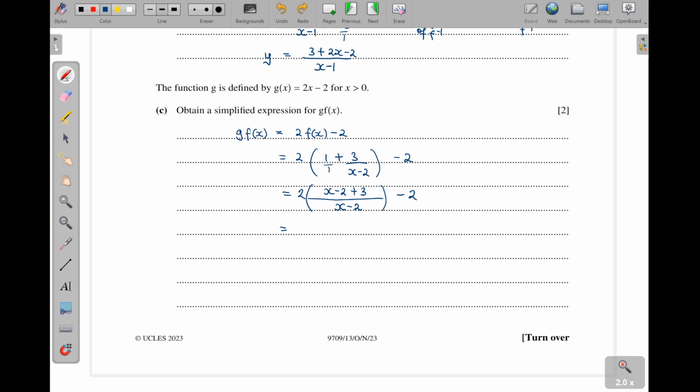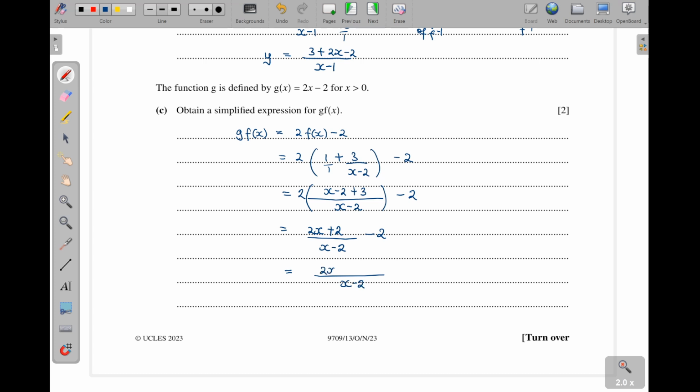So 2 times the x, we shall get 2x. And then this one is a positive 1, then times 2, that will be a positive 2. Then out of x minus 2, then minus this 2 here. Then just get this and multiply in this. So we shall get this one as the denominator.